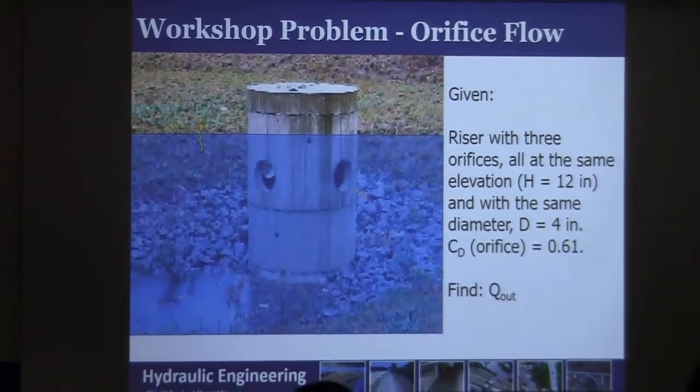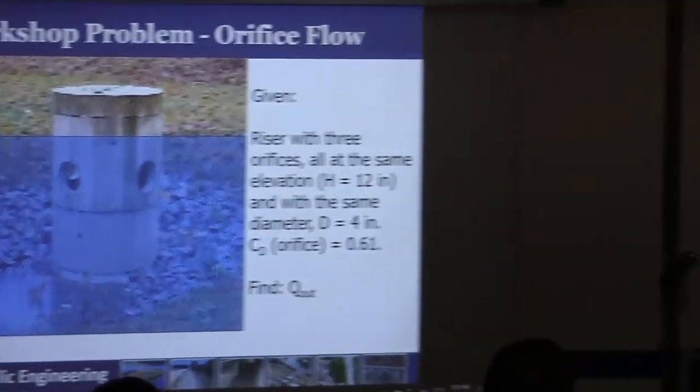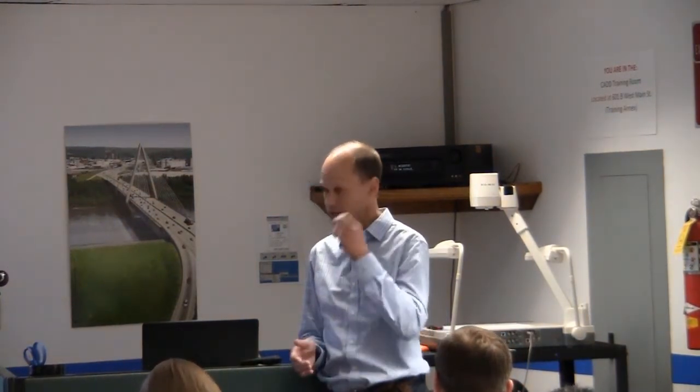The key here is always be careful with your units. Make sure you're using the appropriate units in the equation. And then the coefficient of discharge, I don't know if these are in your EPG or not. Use whatever is in your EPG, and if they're not there, then you can look them up using a valid reference document of some kind. I'm trying to think where we would have them in our stuff.